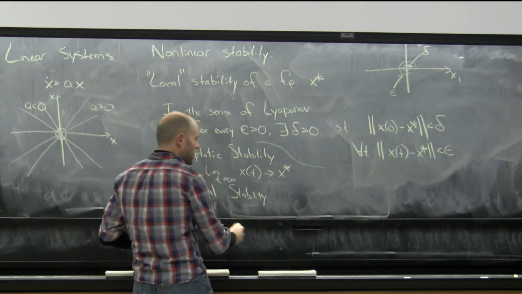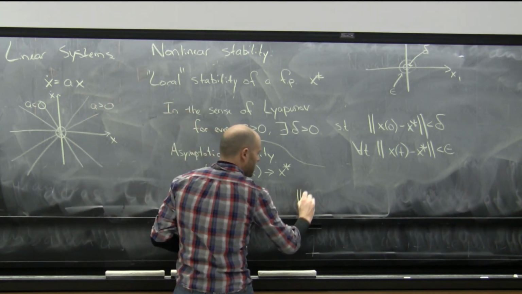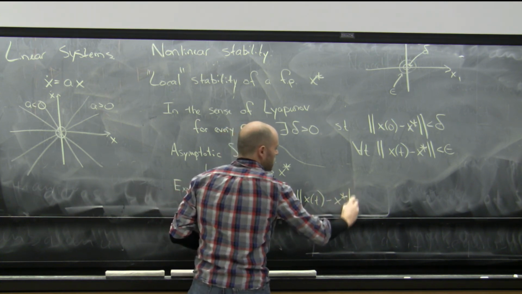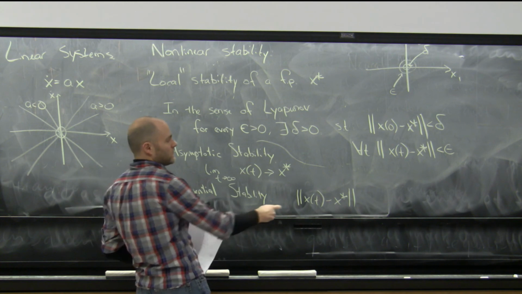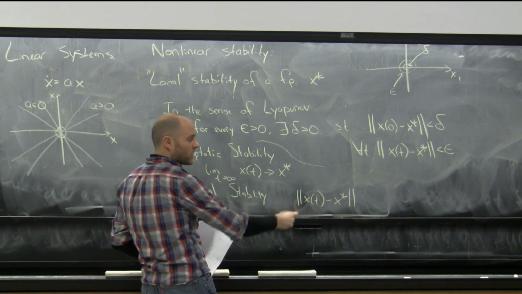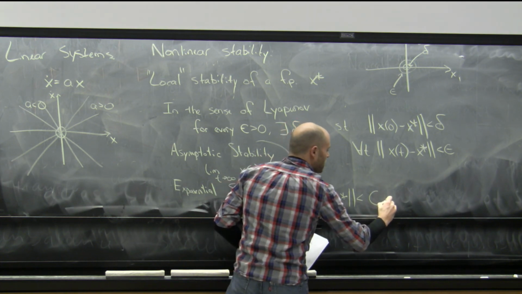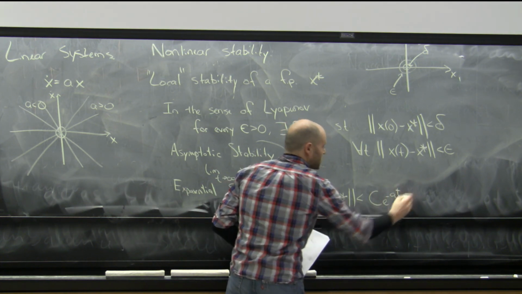That the norm of x of t minus x star, this is the distance over time, can be bounded by some exponential.